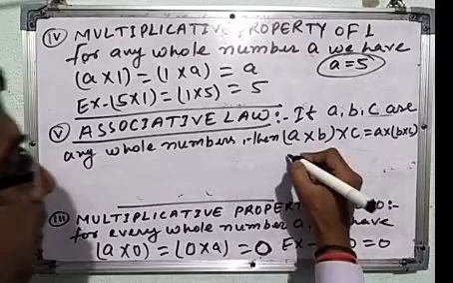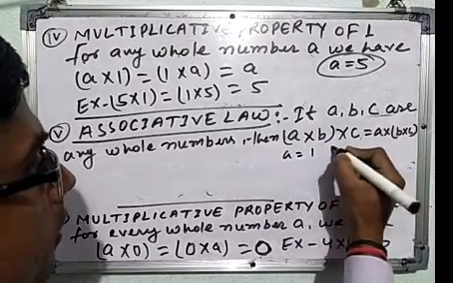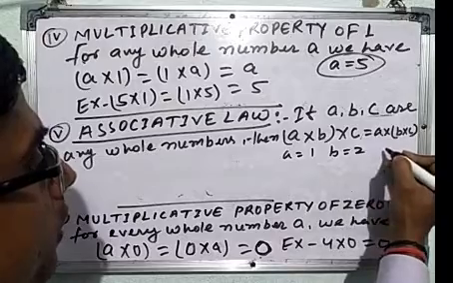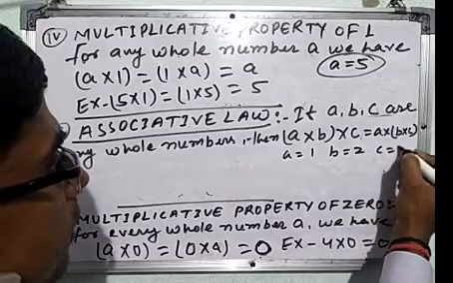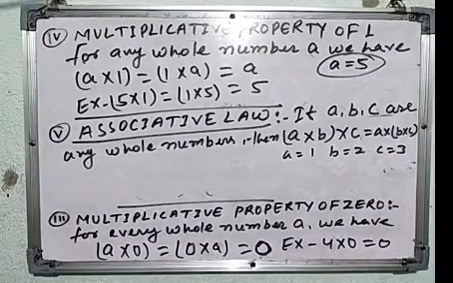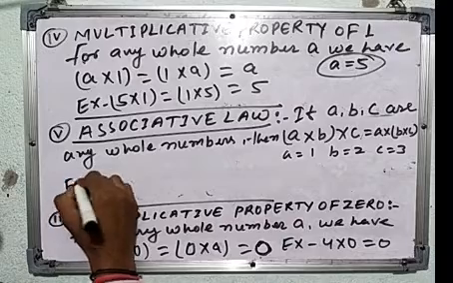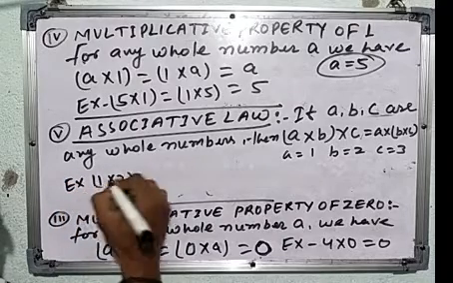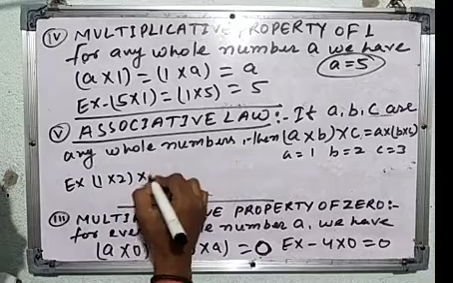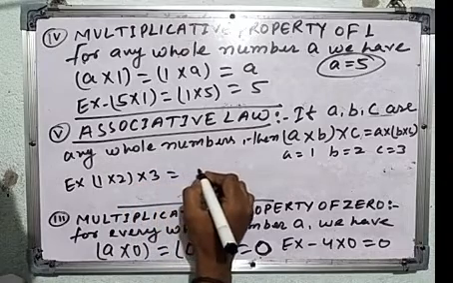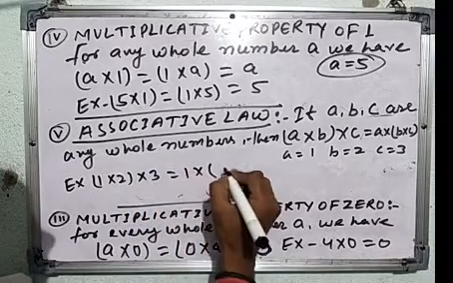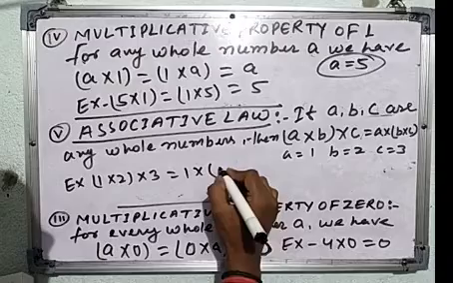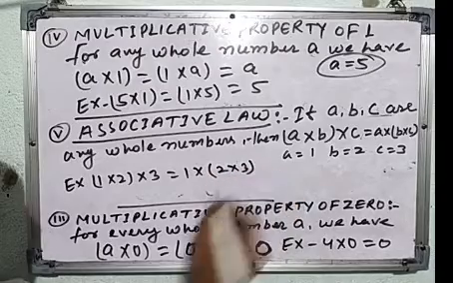For example, if you take A equal to 1, B equal to 2 and C equal to 3, then you write 1 into 2 into 3 equal to 1 into 2 into 3.